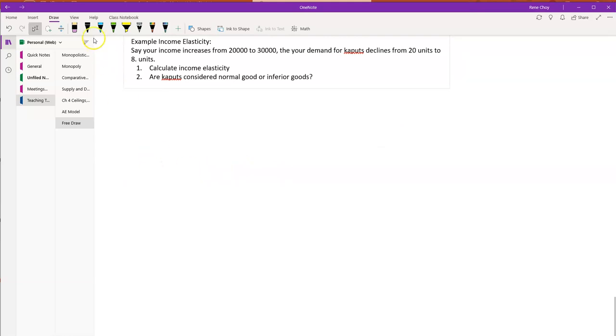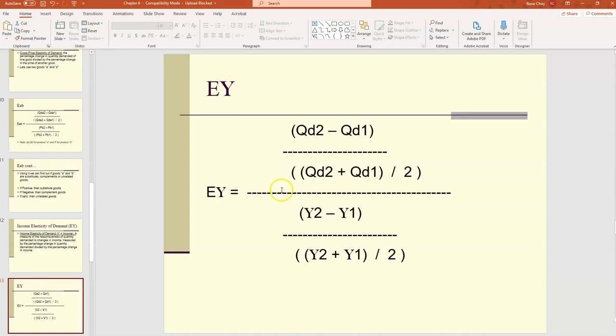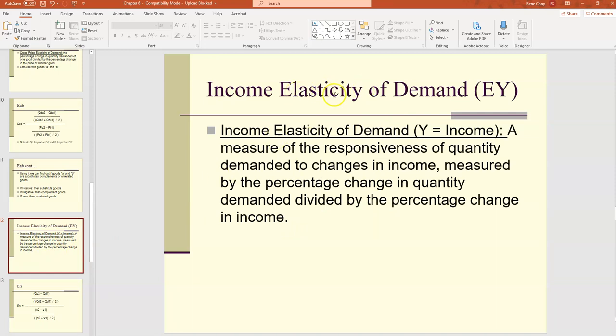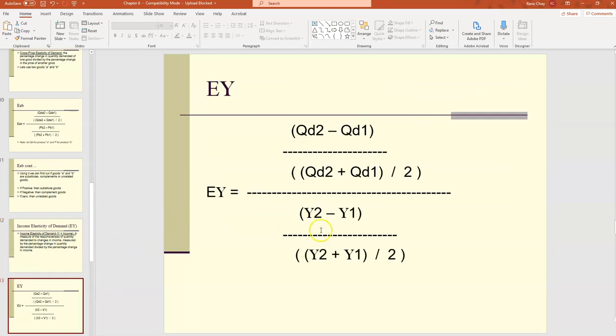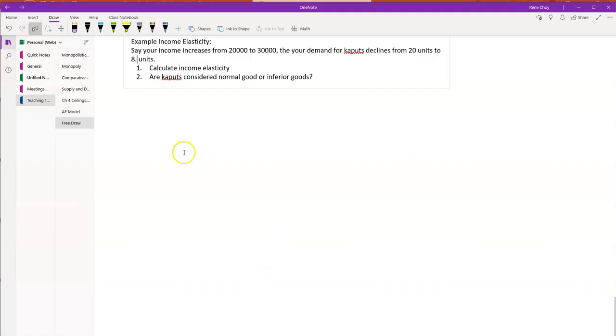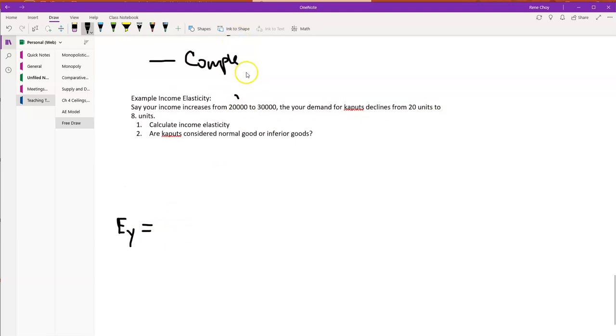First of all, again, remember the formula. The setup of the formula is very much the same. Notice that we're still doing percentage change in quantity at the top, but at the bottom we're now using income, because this is our income elasticity of demand. So we're doing a relationship between income changes and quantity changes. Let's label the units like I said: income 1, Y1, and this is income 2, Y2.